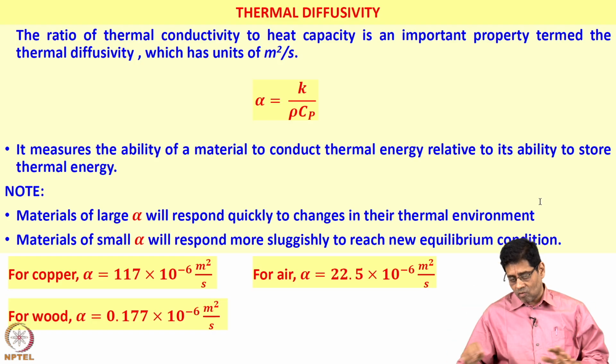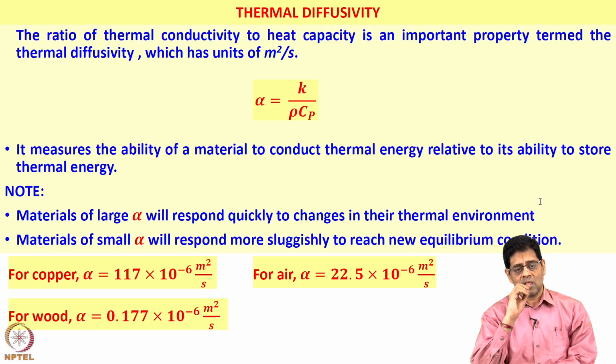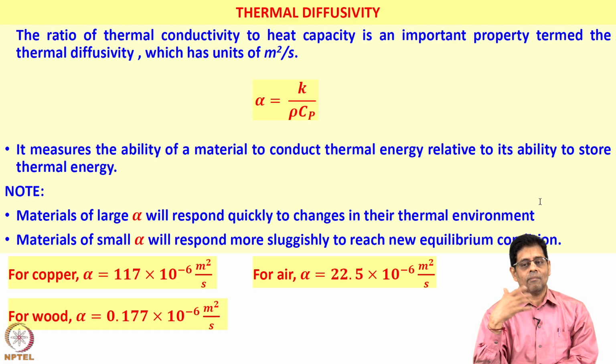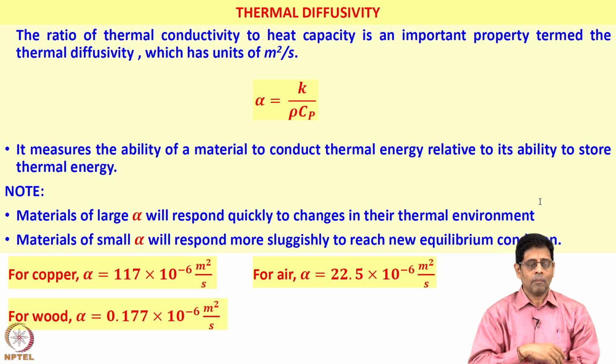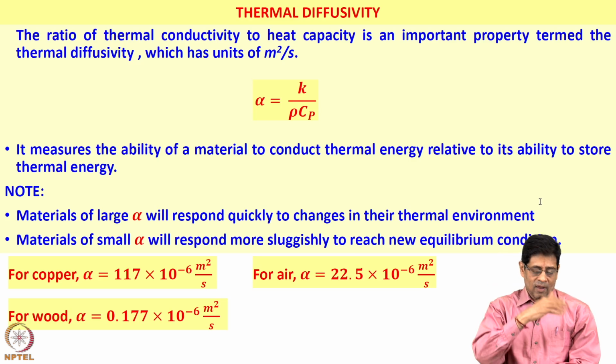This is the takeaway. Alpha is K over rho Cp, and we need to remember that what it physically means is a measure of the ability of a material to conduct heat relative to its ability to store thermal energy. And you have a couple of numbers here just for reference.